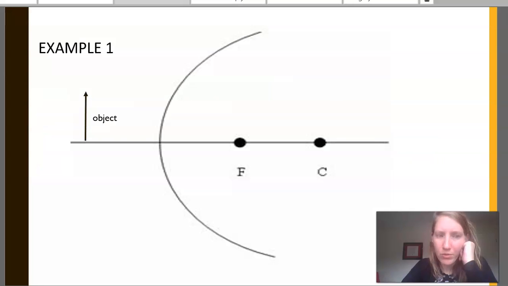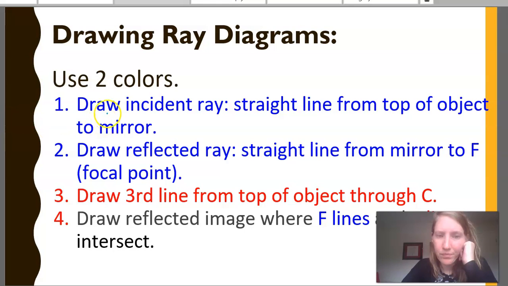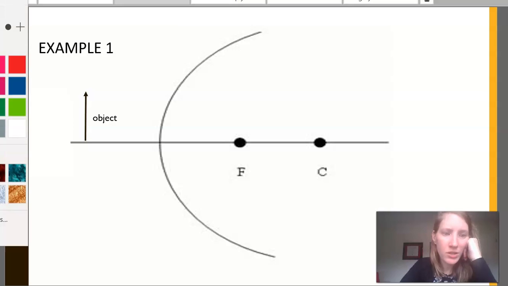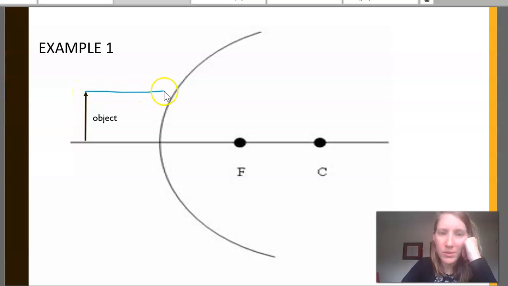Okay, so we're going to use both of our colors, blue first, to do this example. And I'm going to try to do it on here. All right, so our first line is going to go straight from the top of the object to the mirror, and then straight through F. And it might be a good idea if you use a straight edge so you don't have crazy lines like I do.